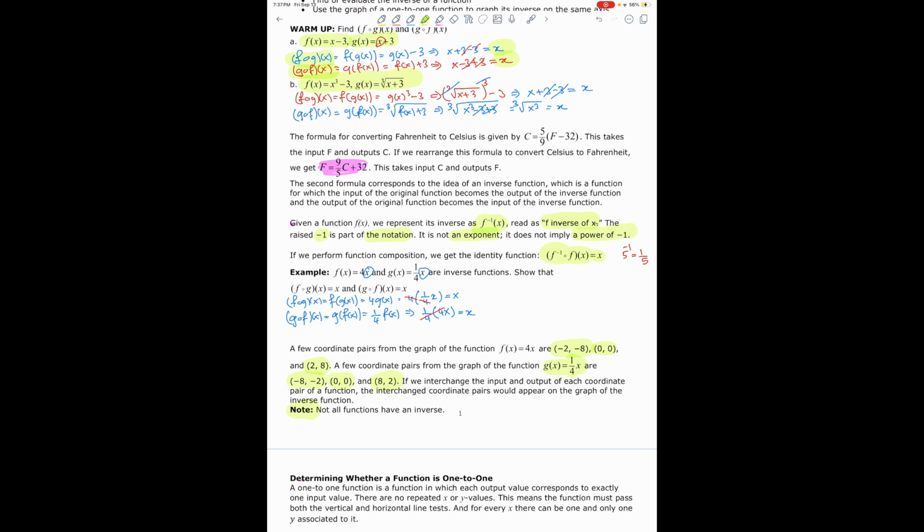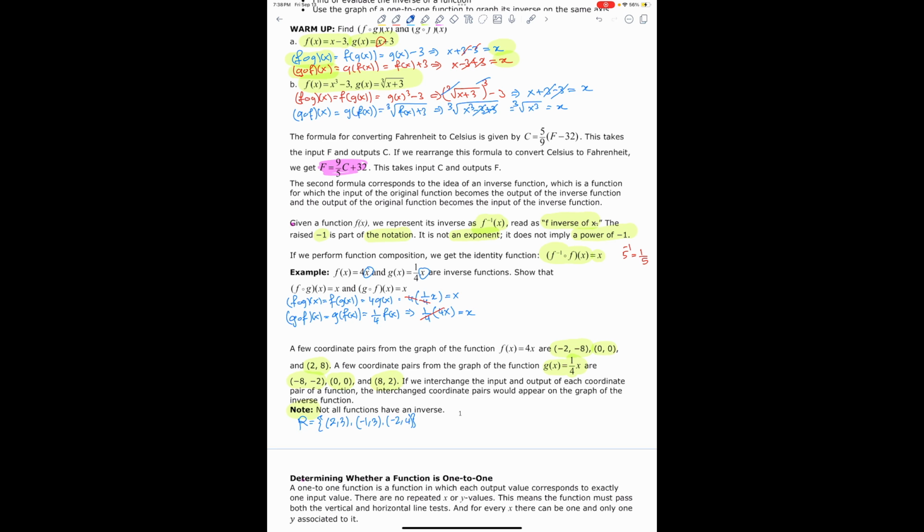Note that not all functions have an inverse. Not all functions have an inverse. I'm going to give you a very simple function here. So let's say that r equals {(2, 3), (-1, 3), (-2, 4)}.